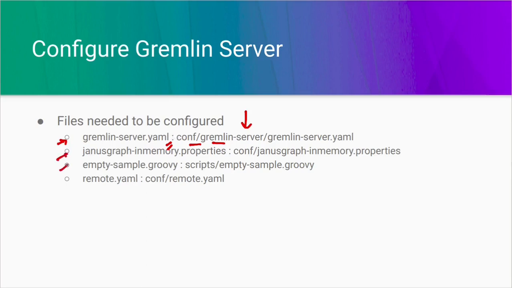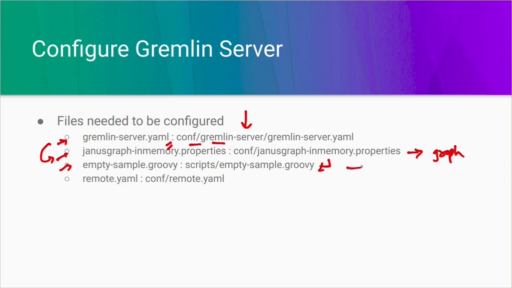These two files here are used internally by this gremlin-server.yml file. The first one is the JanusGraph in-memory properties. This property file defines how we need to connect to a graph, or we can say that this particular file helps us to create a graph object. And this here is simply a Groovy script which is executed every time we try to connect to a Gremlin server using a Gremlin console.